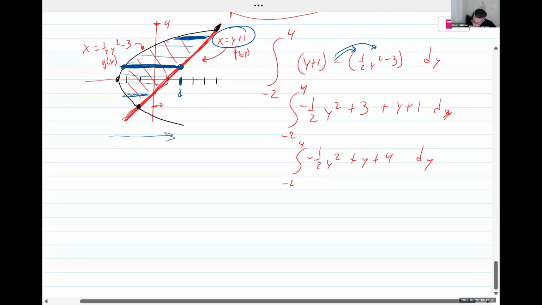So let's integrate term by term. This is -1/2 y cubed over 3 plus y squared over 2 plus 4y from -2 to 4.